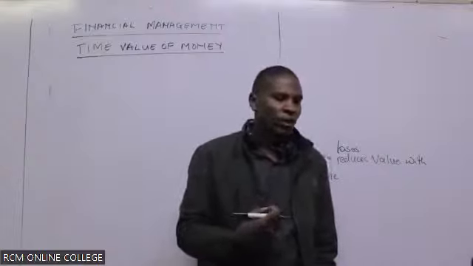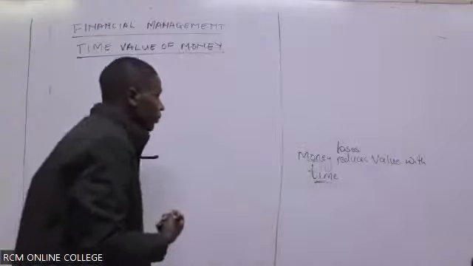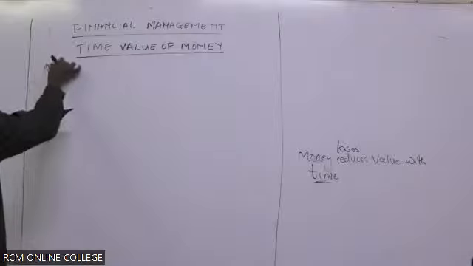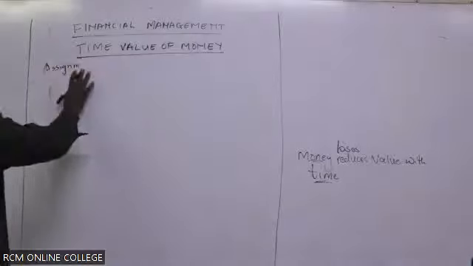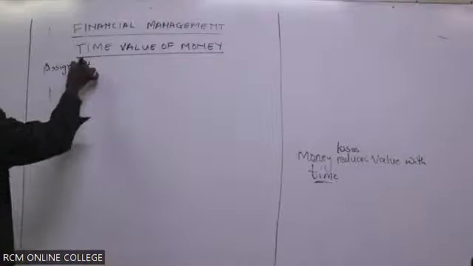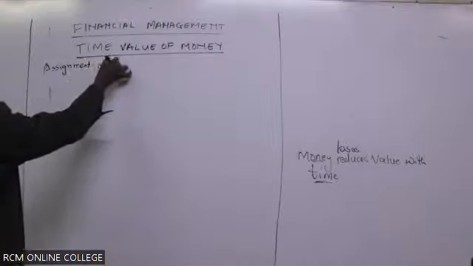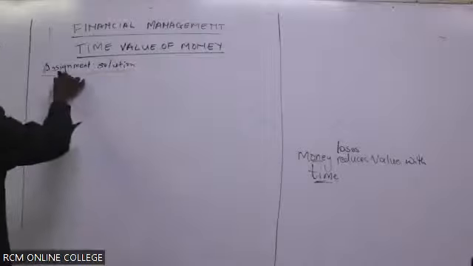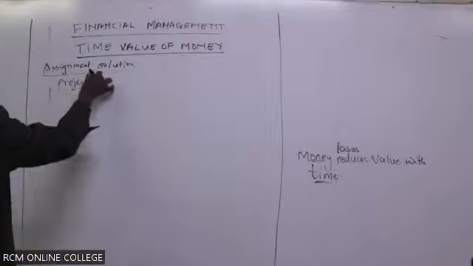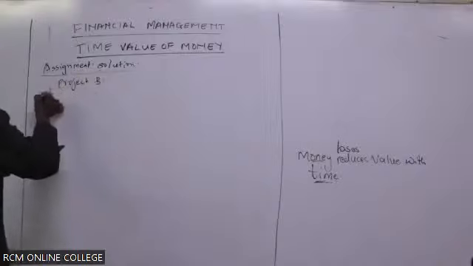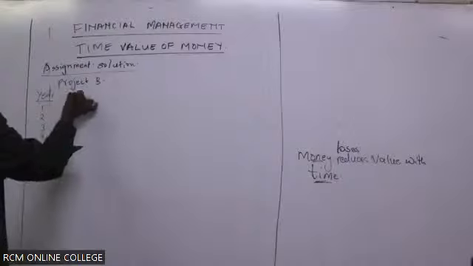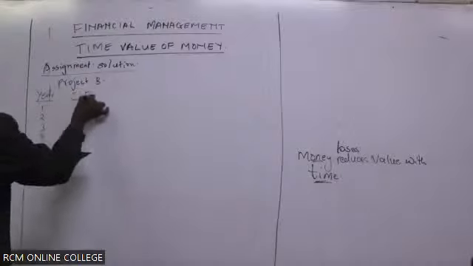Now, we had a question. I want us to first of all look at some of the assignment solutions. We had project A, or project B, with year 1, 2, 3, 4, and I cannot remember the cash flow for the project.